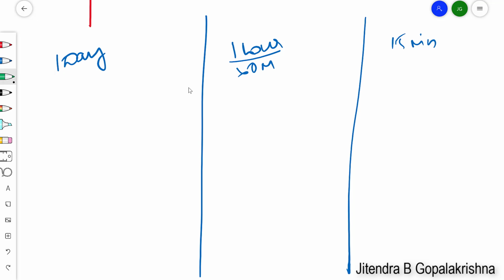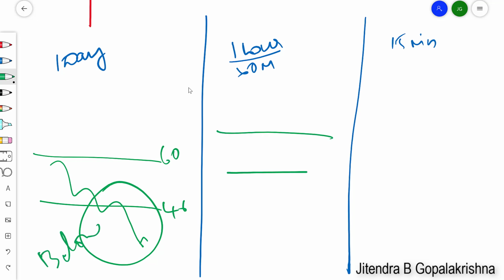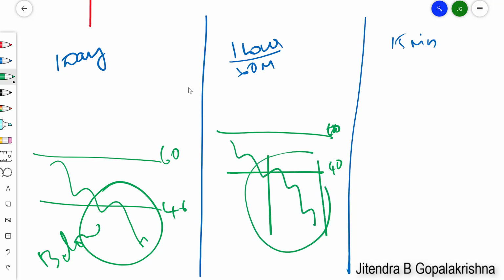Here we need the RSI, if it is 60 and 40, here the RSI has to be below 40. It should be below. And even here also, if this is 60 and 40 RSI, here also RSI has to be below 40.